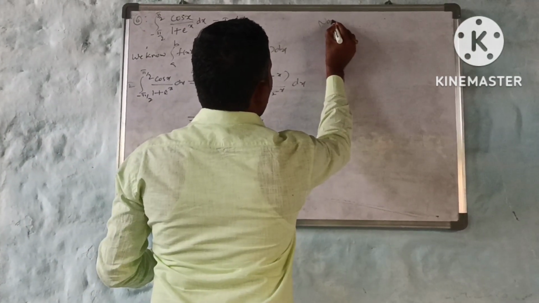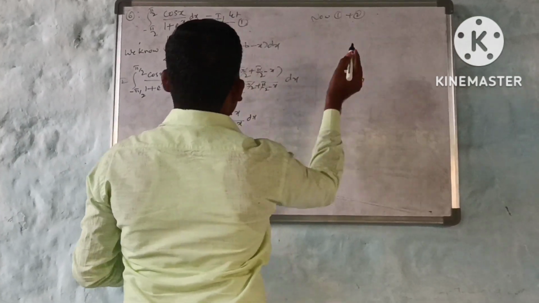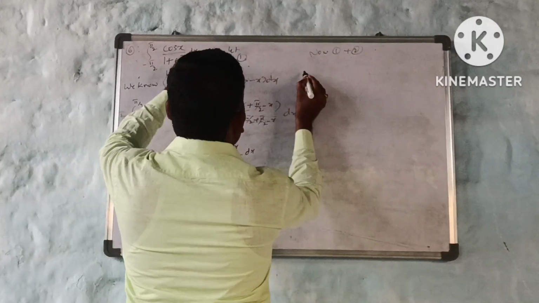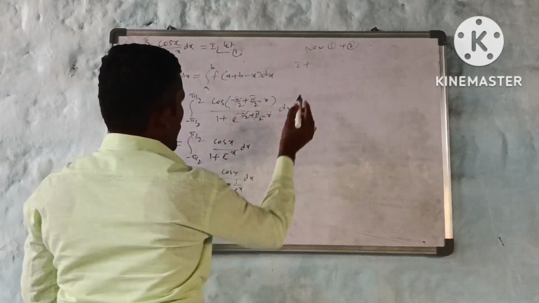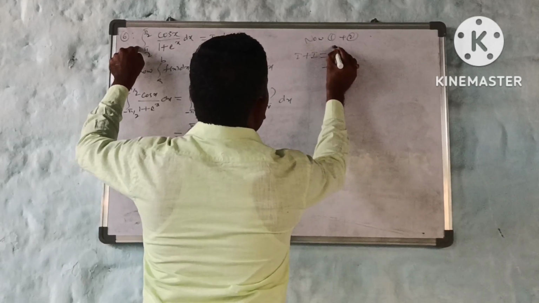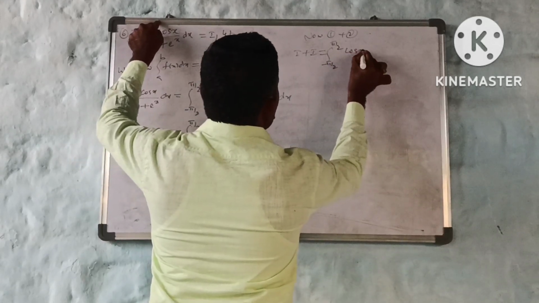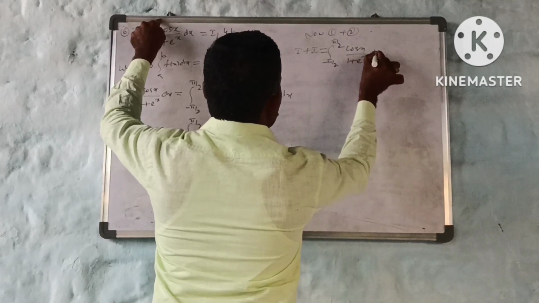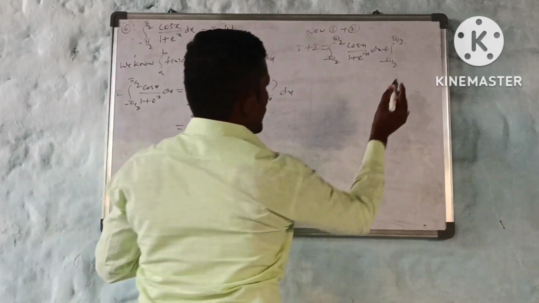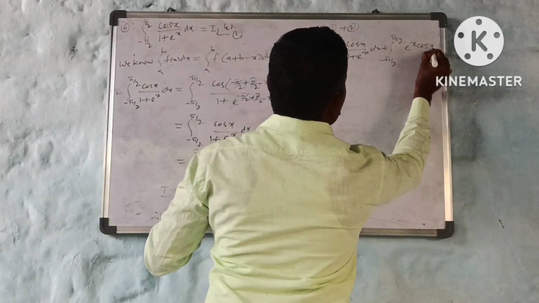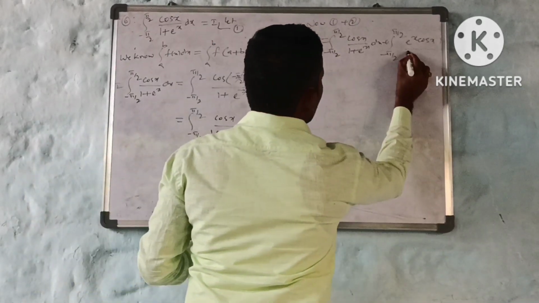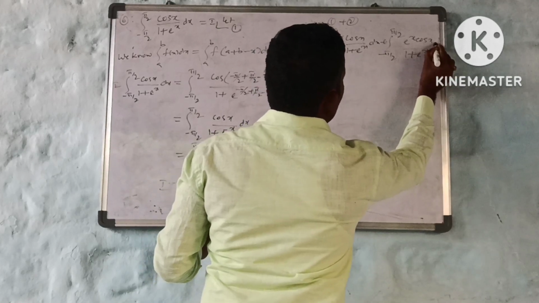On the left side we have I. In the second equation also, I equals the integral from minus pi by 2 to pi by 2 of cos x by 1 plus e power x dx plus the integral from minus pi by 2 to pi by 2 of e power x cos x by e power x plus 1. E power x plus 1 can be written as 1 plus e power x only, dx.